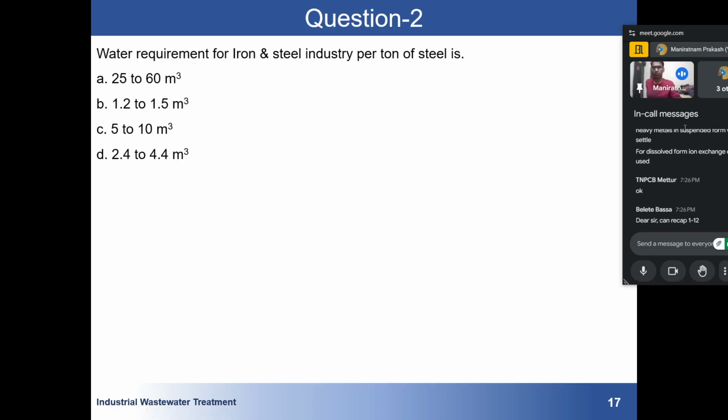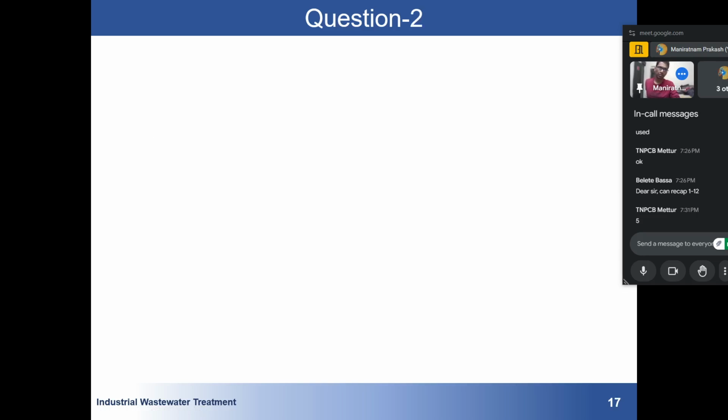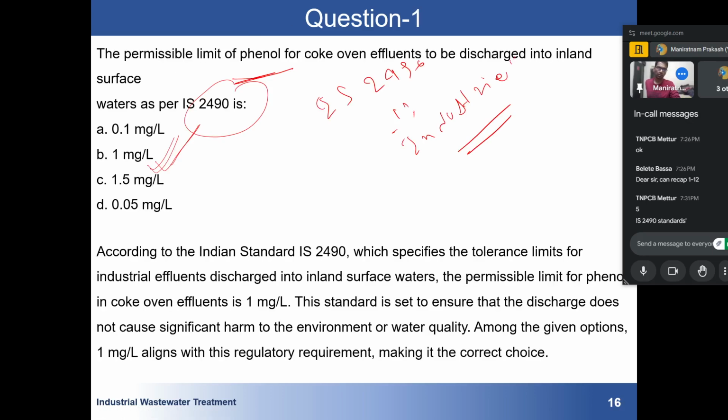Again, this question was discussed in the normal 5, not 5. Oh, you are saying something else. What is the 5?